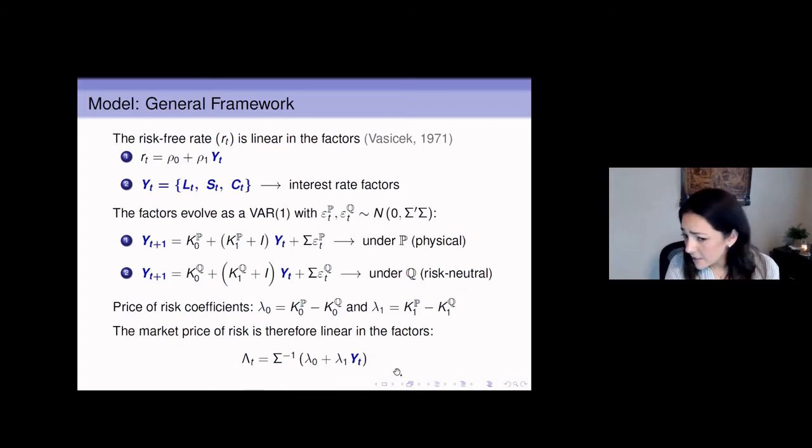And as you can see, this is a function of the factors themselves. So the factors will be moving and the price of risk will be determined by the difference between the K0s and the differences between the K1s per unit of volatility. Okay, so this is what a standard term structure model is doing: trying to understand how factors move and capturing the price of risk.